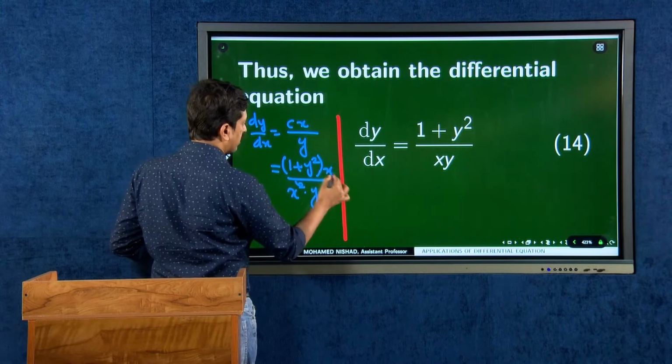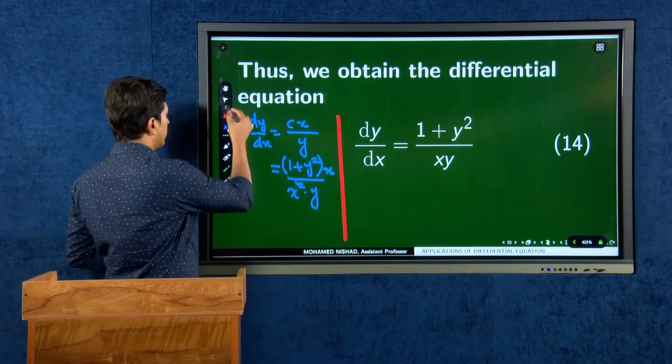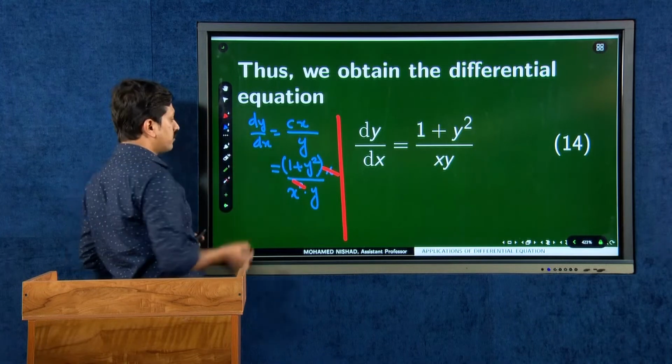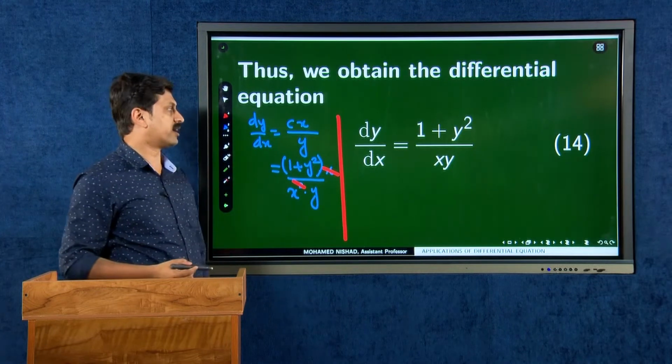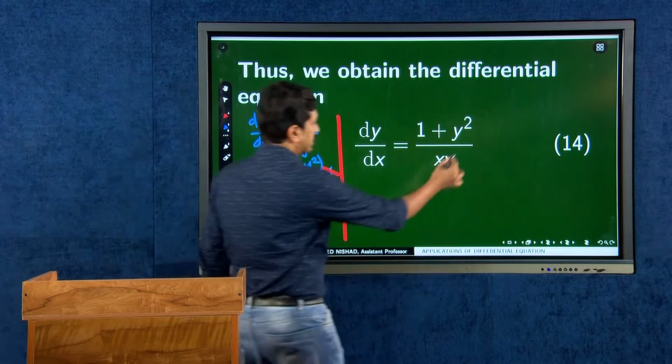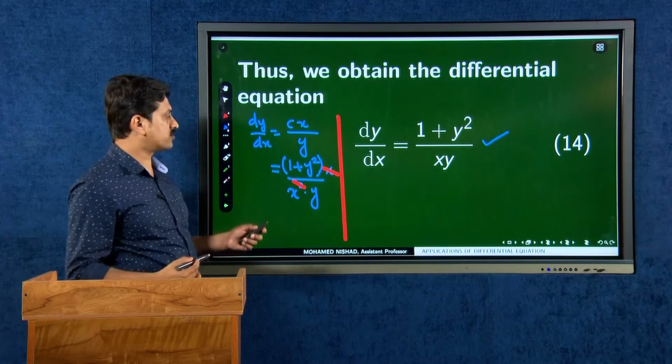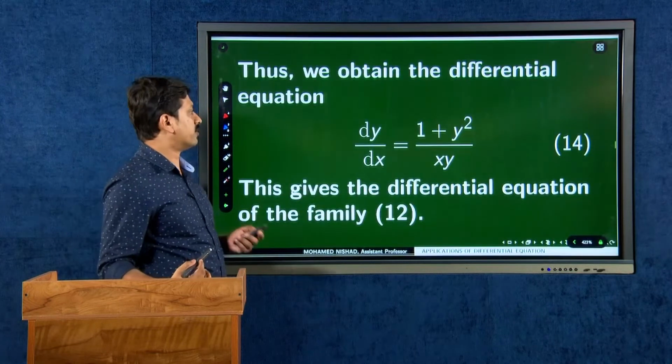From here we can cancel x and x. So, we will have dy by dx is equal to 1 plus y square divided by xy.